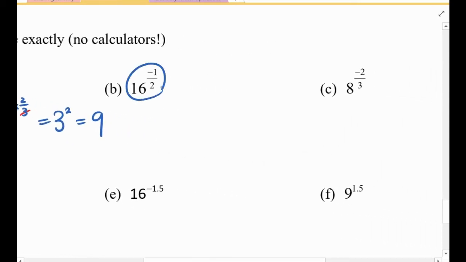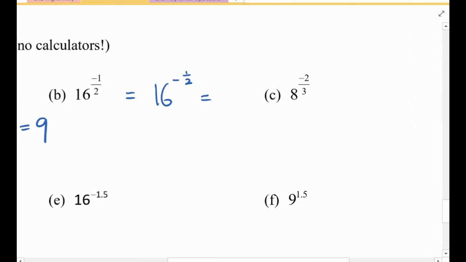Okay, what about this, everyone? So this is the same as 16 to the power of negative 1 over 2. And negative sign. When you have a negative sign in the exponent, you flip the base and make the exponent positive.